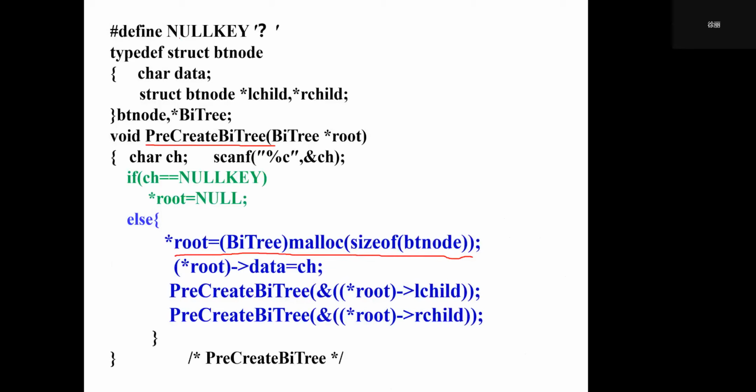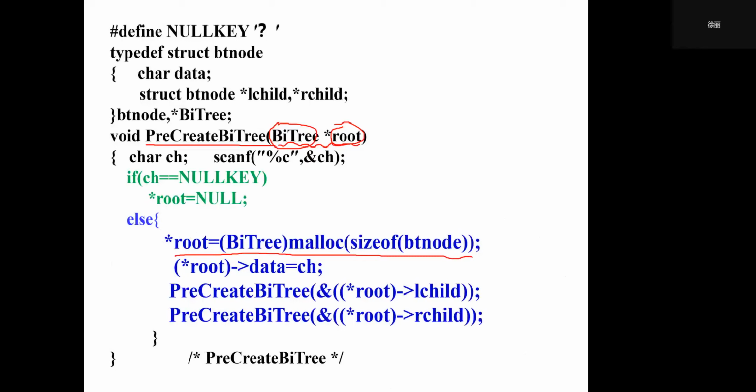So the same reason for the parameter: why we define this parameter to be a pointer which points to a pointer, right? Because by tree is a pointer. So root is a pointer, points to this pointer, okay?